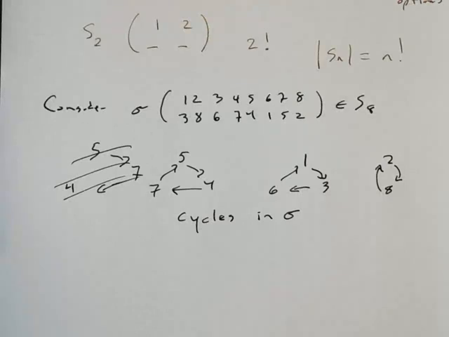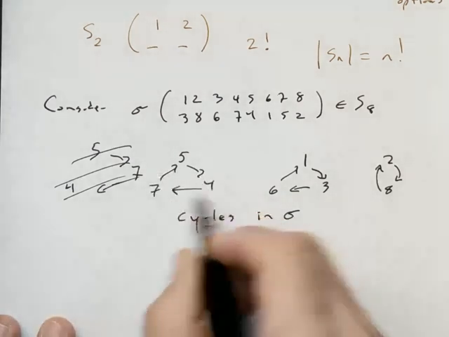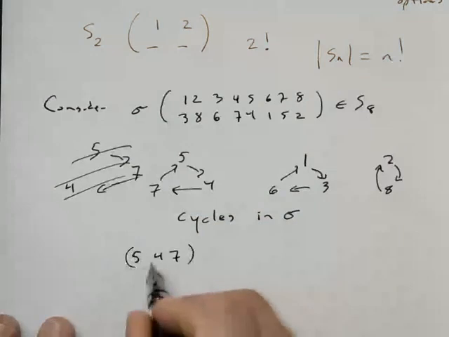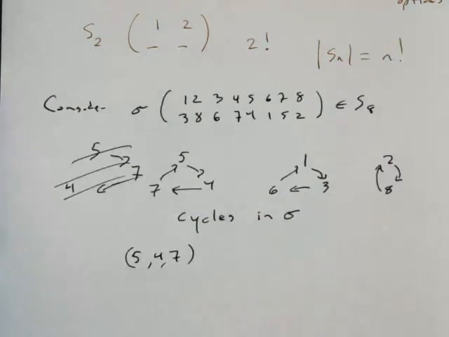So let's consider, instead of writing these as wheels, let's write them as lines. I'm just going to write the numbers in order and assume that when I get to the end, I wrap back around. So instead of writing 5, 4, 7 like this, I'm going to write 5, 4, 7 like that.